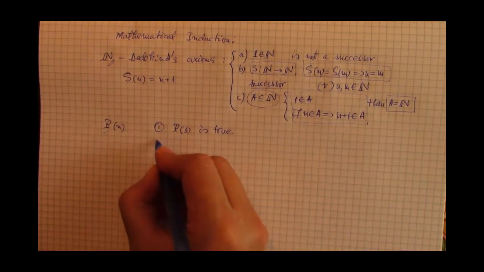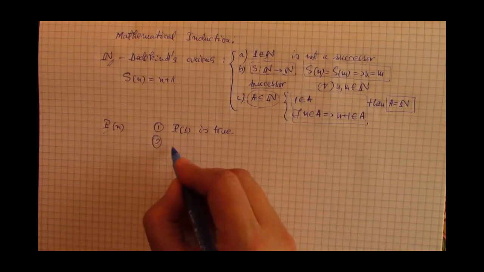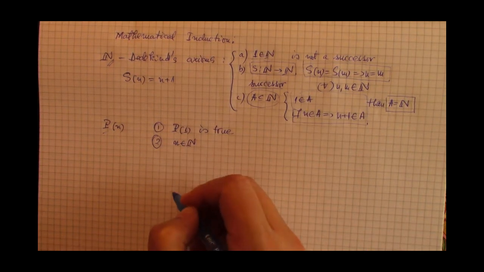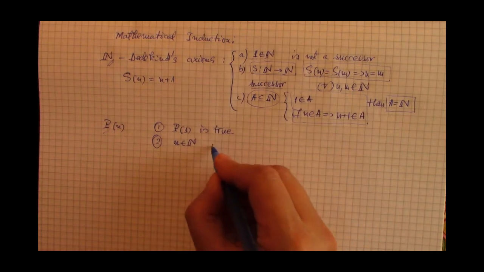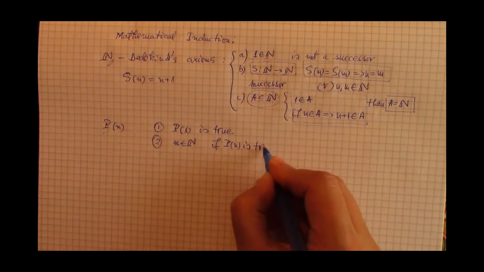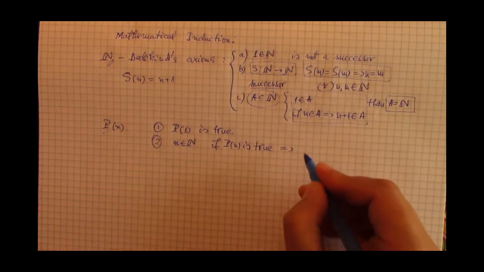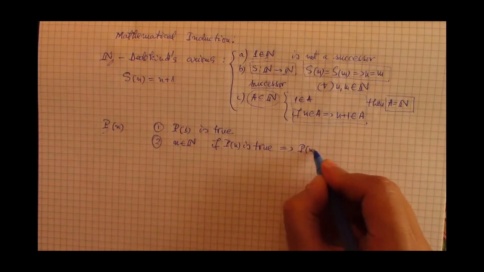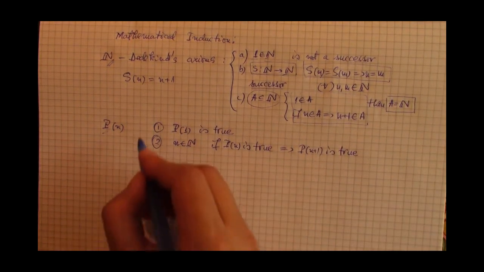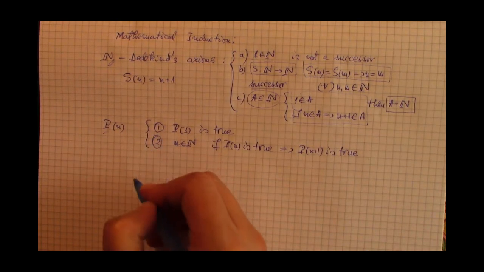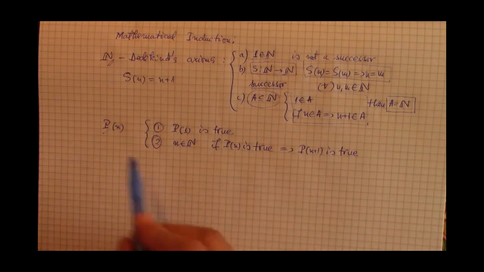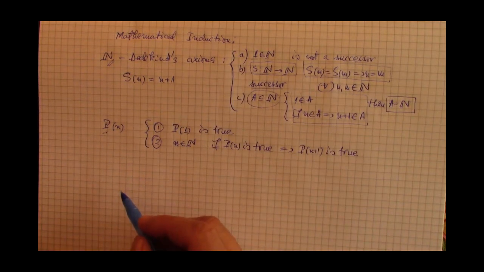All right, and the second thing is that we can say that if n is some natural number, and if P of n is true, then we can prove that P of n plus 1 is true. All right, so let's assume we can prove these two ideas for this sentence P.